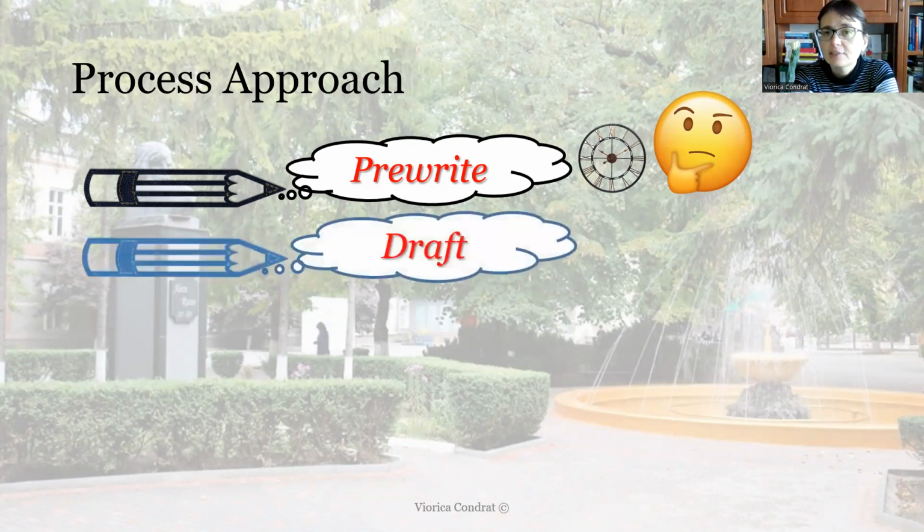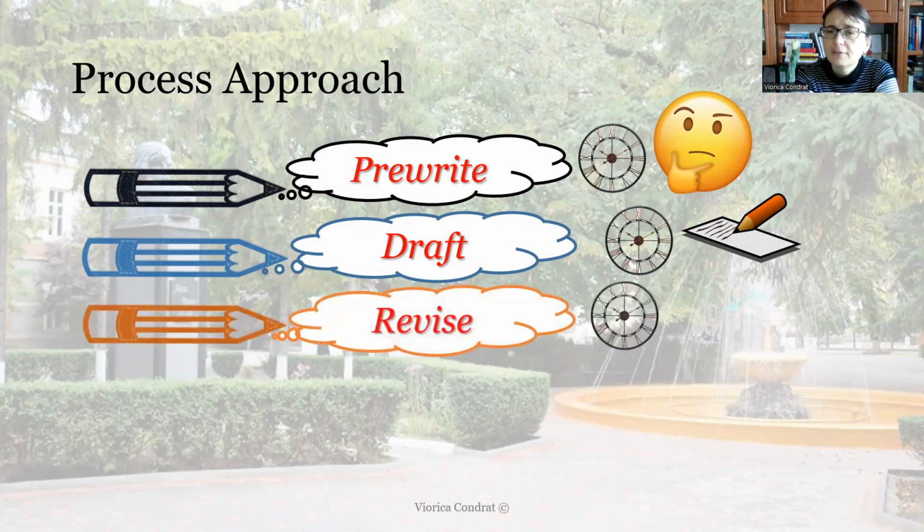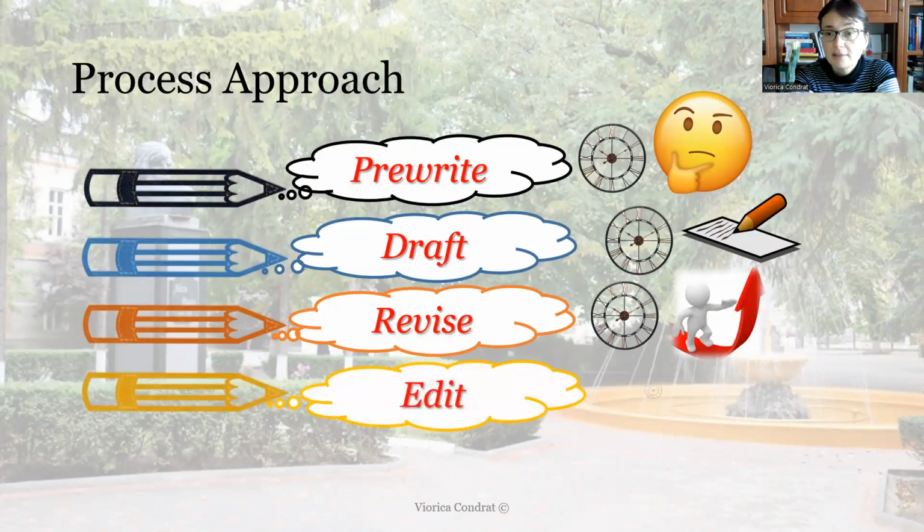The next stage is the drafting stage. This is already when you try to organize those ideas. This is the stage when you start asking whether all of them are relevant and should be included in your writing. Then, after having written the first draft, you revise it and you pay closer attention to the way coherence is realized in your writing. Then you proofread the writing.